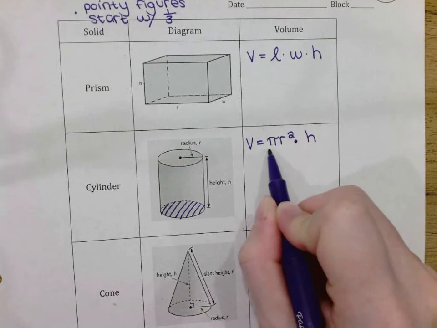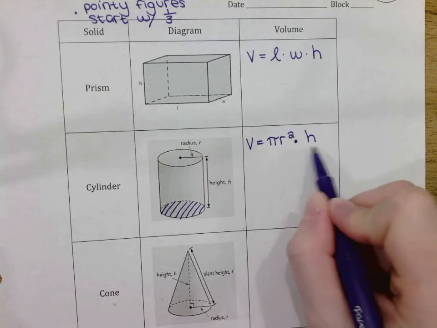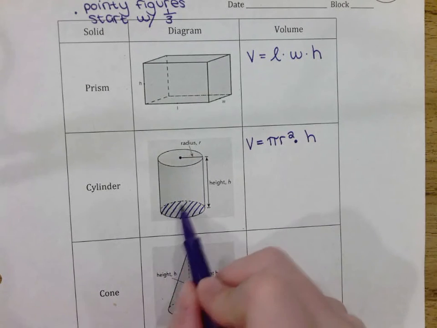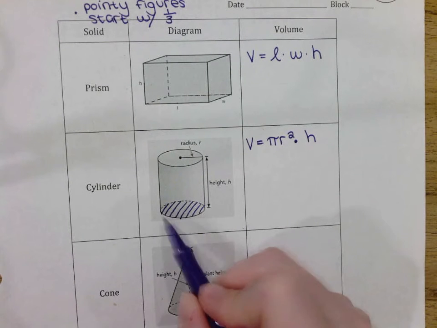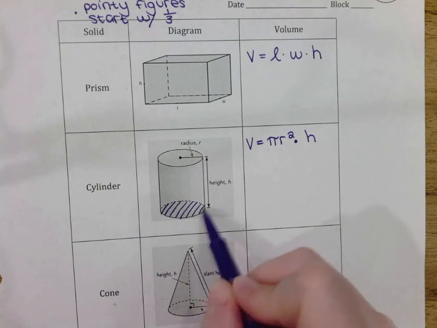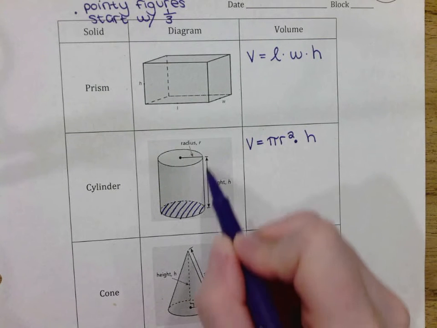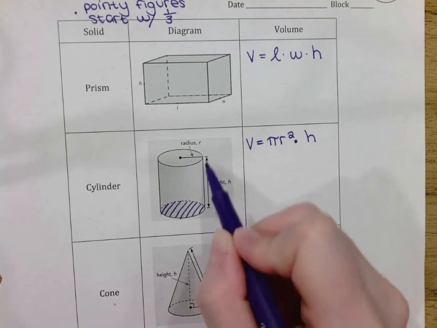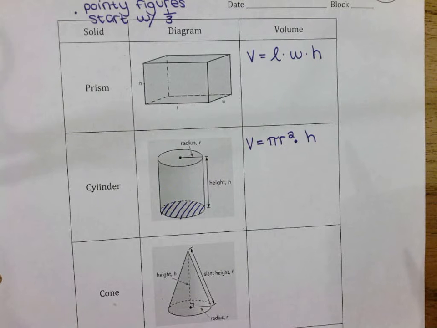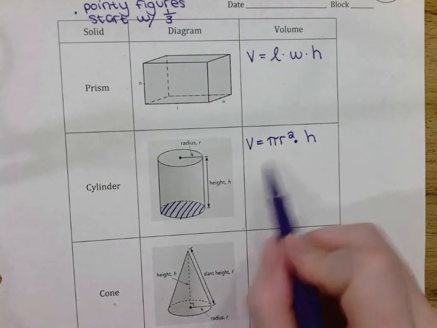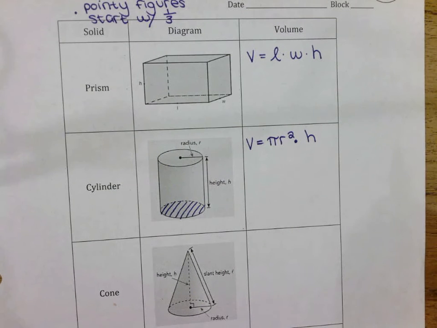So you can see how this is base times height. And I can kind of visualize this. I don't know if everyone can, but I picture, okay, if we're finding the area of the base and then multiplying by the height, it's kind of like we're filling up the figure, right? So that's kind of how I think about it. But that one is going to be pi r squared times height.